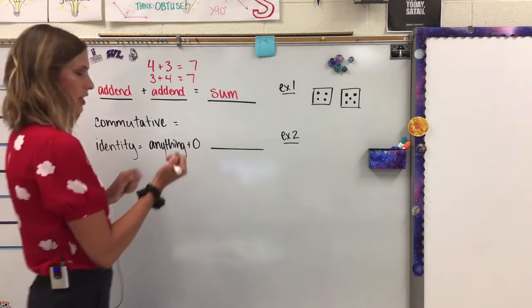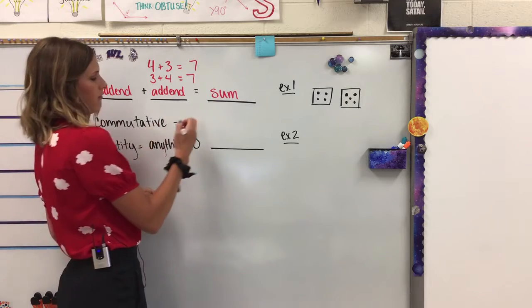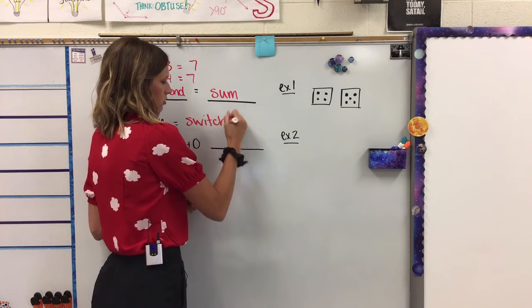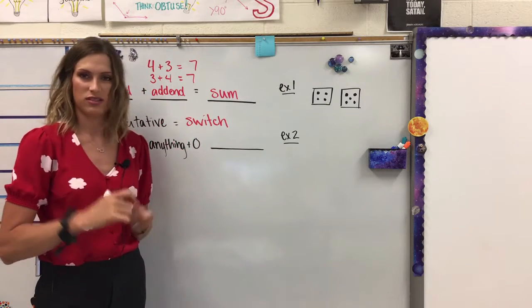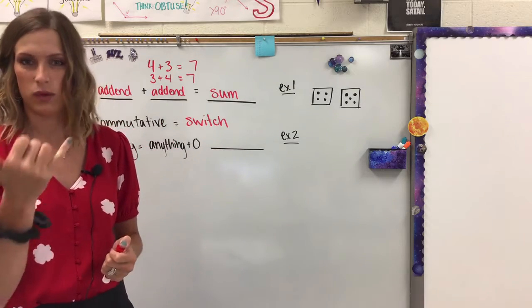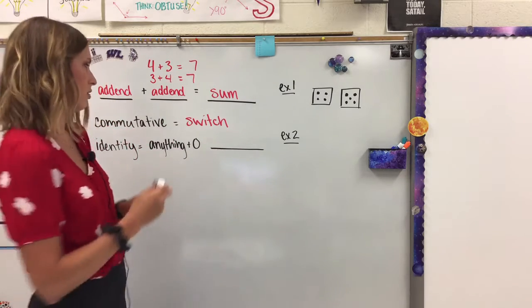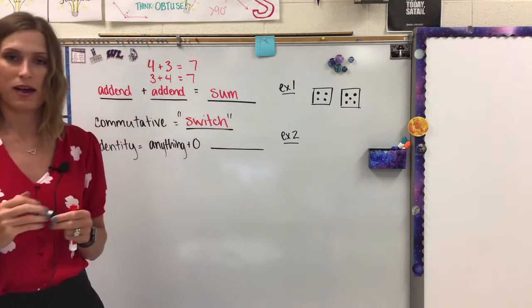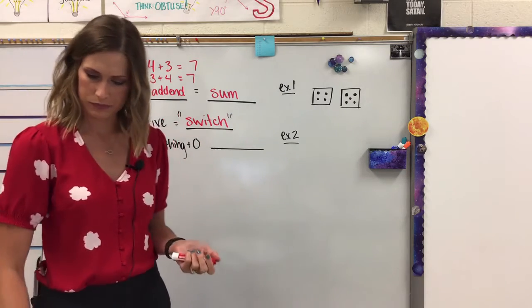So where you have a blank after commutative, you can just write switch. A lot of times you'll see me go like this, which just means switch. If you switch those 2 things around, you can use the commutative property and you'll get the exact same answer.